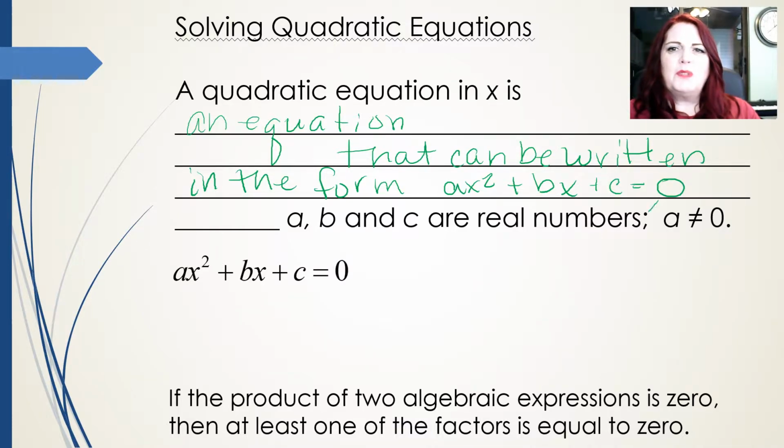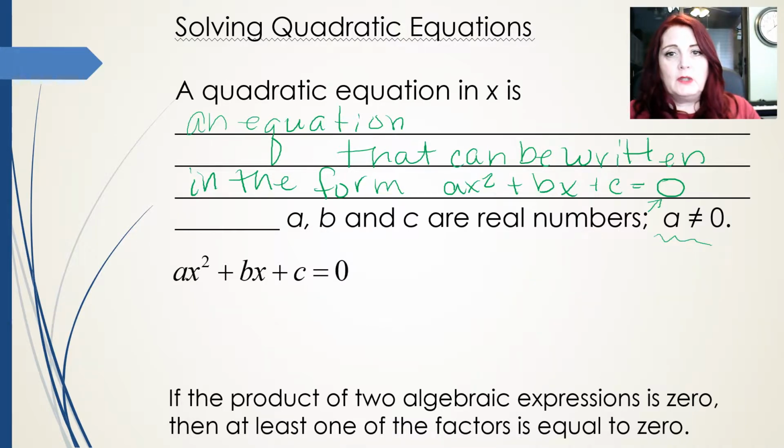And that equal to 0 is how we're going to be able to apply the zero product property and solve. Now our a, b, and c have to be real numbers, so no imaginary numbers in these, and a can't equal 0. If a were 0, it's no longer a quadratic equation.